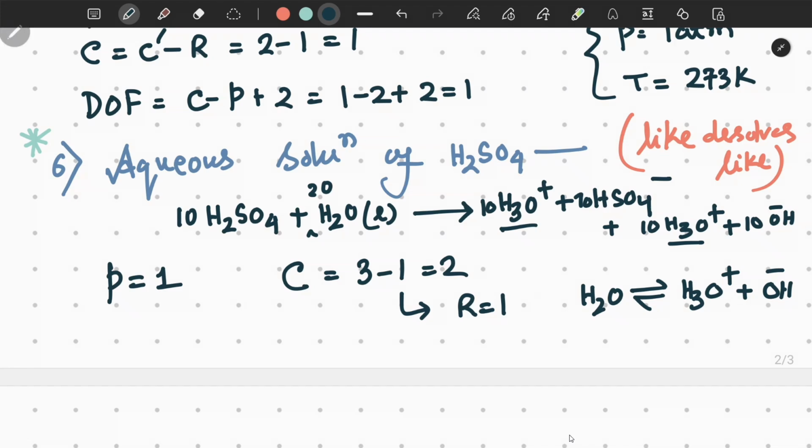You can write it like this, or like this, whatever you want. That means if you have excess H2O, then also the C will be 2. If you have an equal amount of H2O, then also the components will be 2. That will not change. Okay, so degree of freedom will be 3.